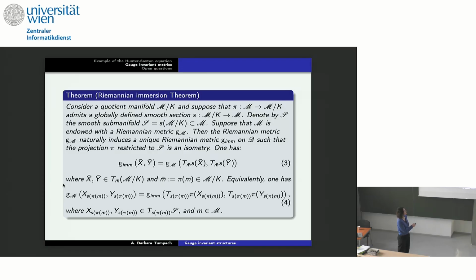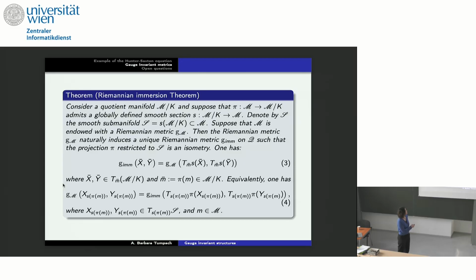And if you have a Riemannian metric on M, you can restrict it to the submanifold, and this will give you a metric on this submanifold S. But this submanifold S will be isomorphic to the quotient through this section. So you can also define a metric on the quotient using this section.